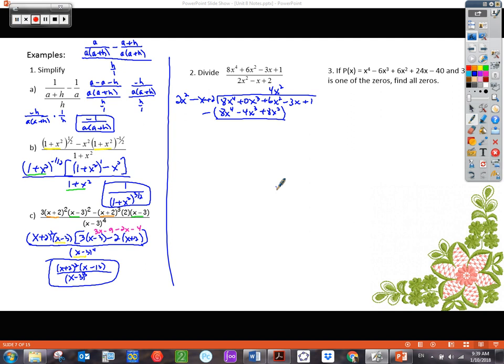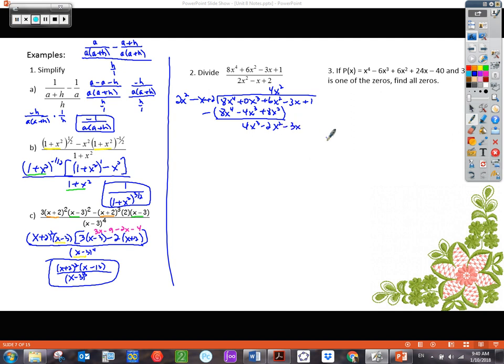It's really important. This is just regular division, just like you've been doing for years. It just has variables in it. So let's subtract. Let's see, the 8x to the 4th go away. A negative, that gives me 4x cubed. And 6 minus 8 is a negative 2x squared. Okay, now I bring the next term down.